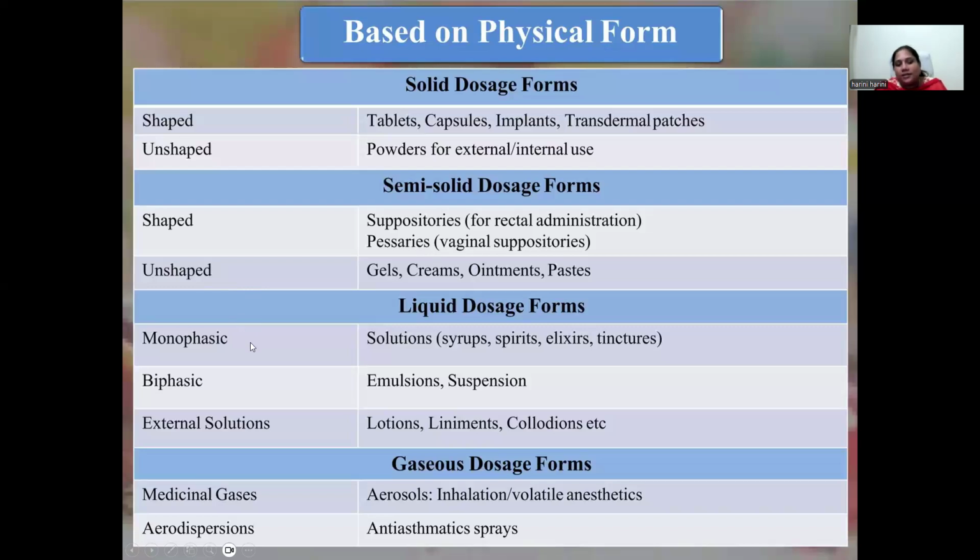Liquids. In the liquid dosage forms, first monophasic. As you all know, liquid dosage forms means you will have a solute and a solvent. If the solute and solvent are mixed together and you get a single phase, and the solution appears in the form of monophasic, single phase, it is called a monophasic liquid dosage form. For example, salt water: the salt is the solute and water is the solvent.